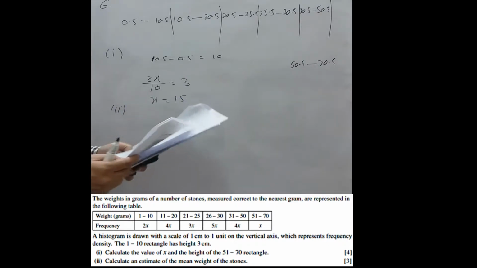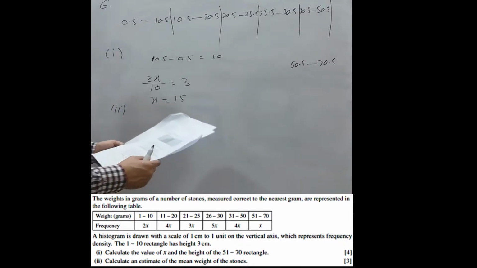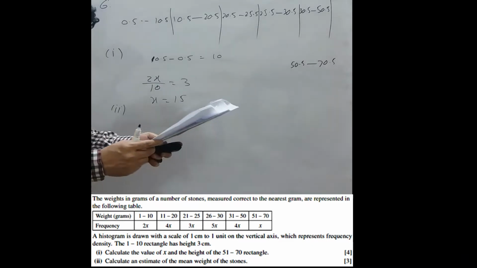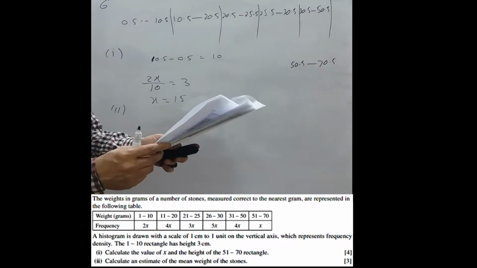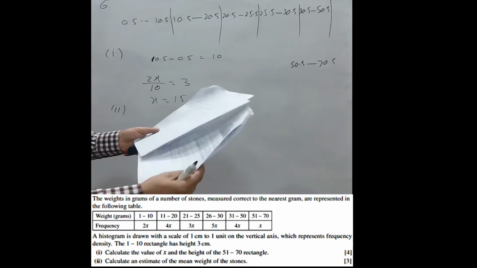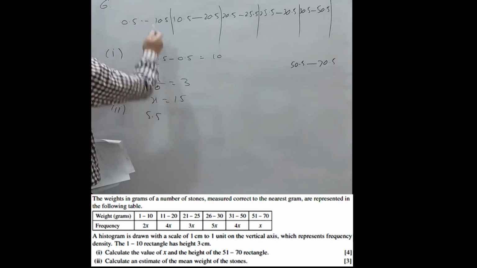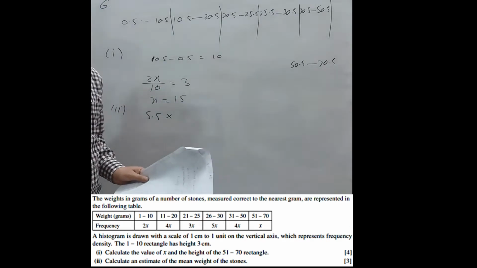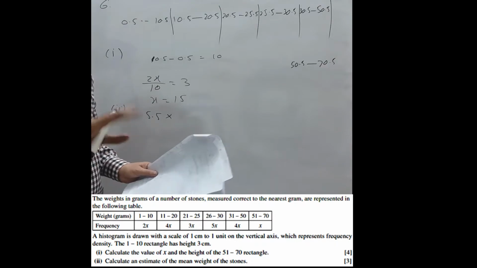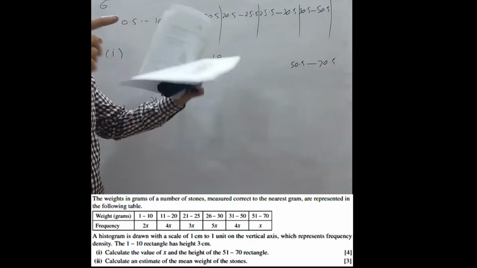Then we have the second part. Calculate an estimate of the mean weight of the stones. So multiply the mid values with the frequencies. For the mean you don't need to make class boundaries. You can find the mid value, and the mid value will be the same whether you take class limits or class boundaries.